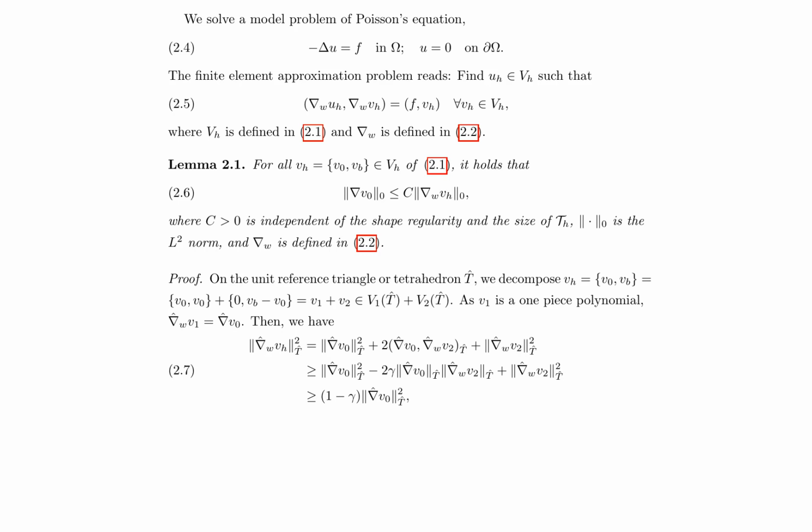The proof of Lemma 2.1 involves decomposing VH into two components, V1 and V2, and using the fact that V1 is a one-piece polynomial to establish the desired inequality. This result is crucial in establishing the convergence and stability of the weak Galerkin finite element method.